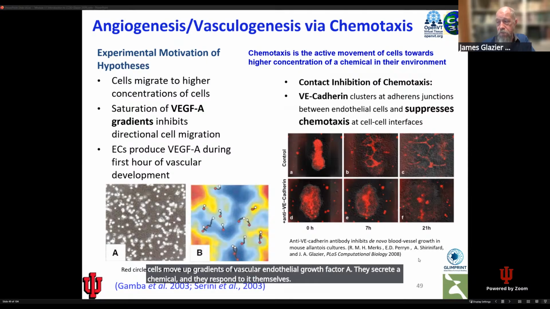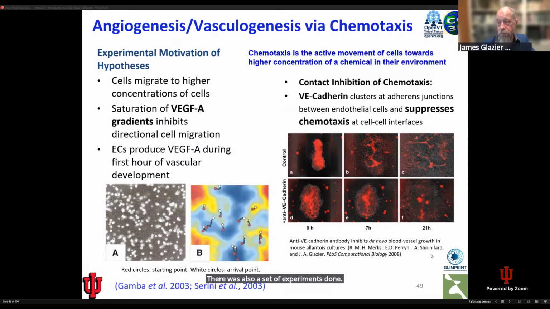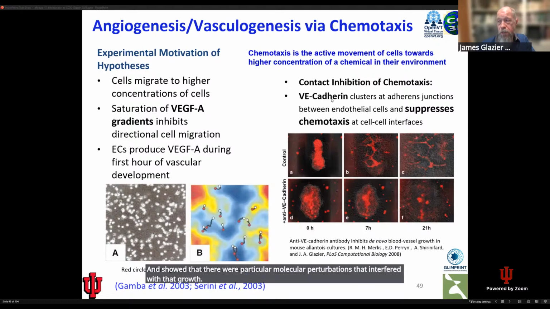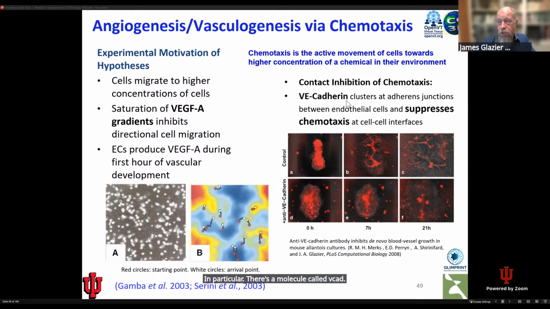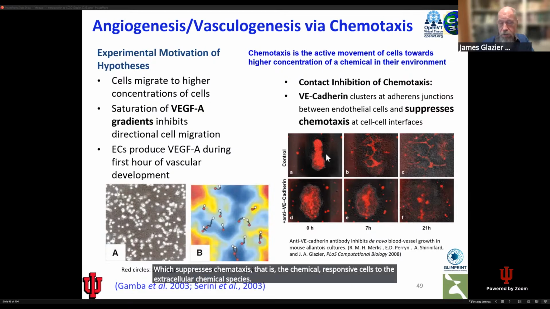There was also a set of experiments done by people that we were working with in Kansas City, looking at blood vessel growth in chick embryos, and showed that there were particular molecular perturbations that interfered with that growth. In particular, there's a molecule called VEGF-A, which suppresses chemotaxis, that is the chemical response of cells to the extracellular chemical species, at cell-cell interfaces. And if you suppressed VEGF-A, then you didn't get sprouting angiogenesis.